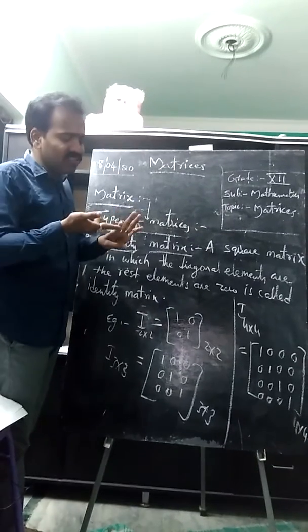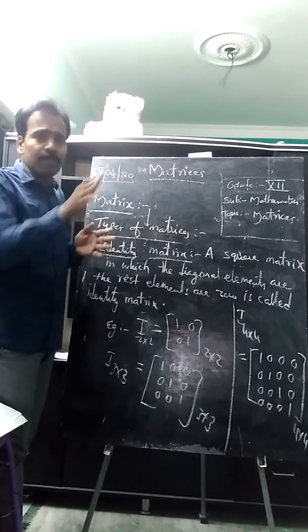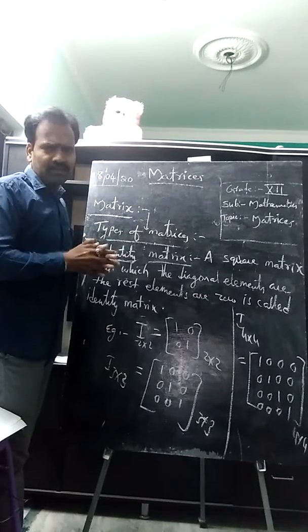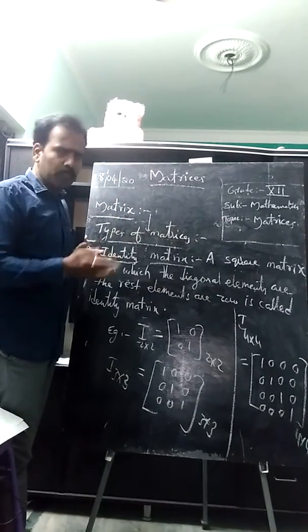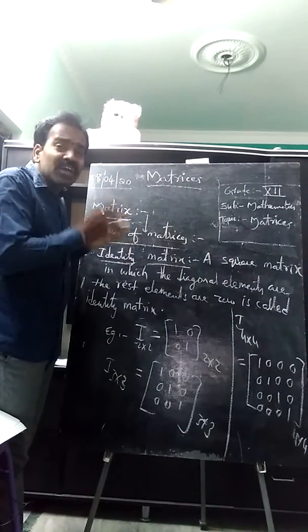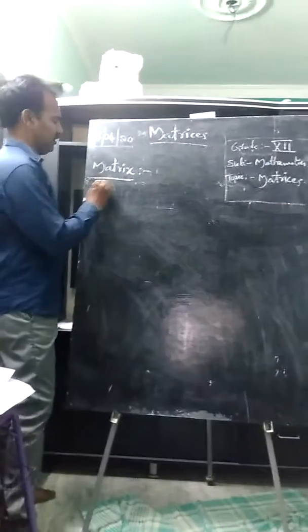In operations we have addition, subtraction, multiplication, but in this class you will learn only addition. In further classes you will learn about negative of a matrix, subtraction, multiplication and their properties. Right now you learn about equality of matrices.